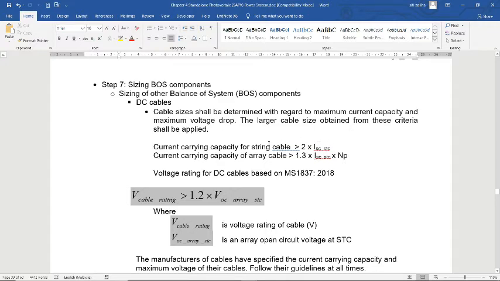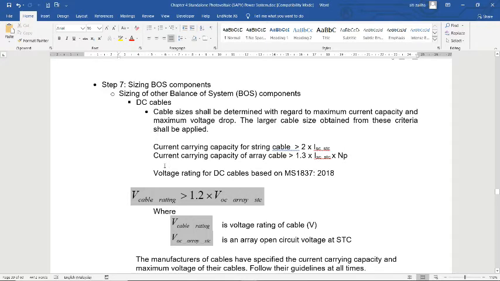When you connect all the series strings into a parallel connection, you need an array cable. So the CCC of the array cable should be greater than 1.3 multiplied by ISC STC multiplied by the number of parallel strings of the PV module, so NP, PV.